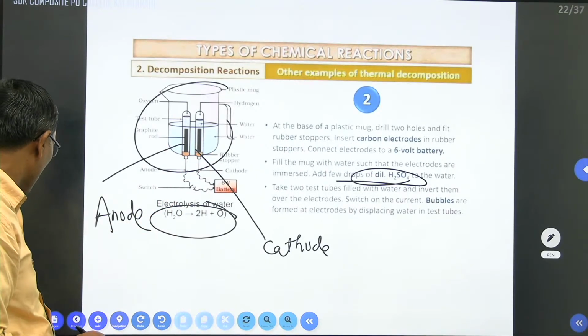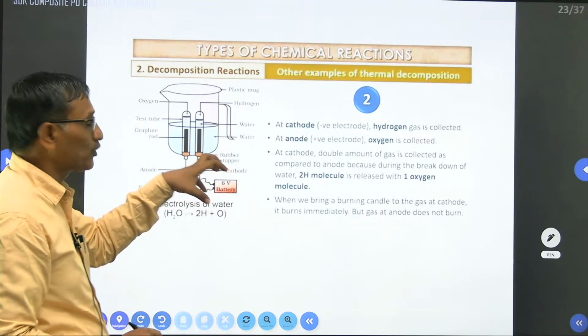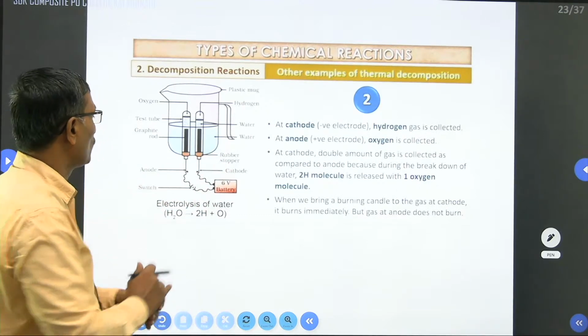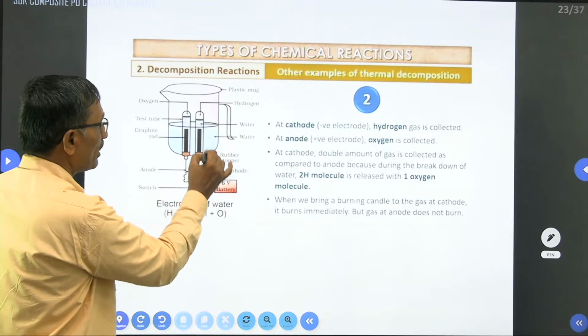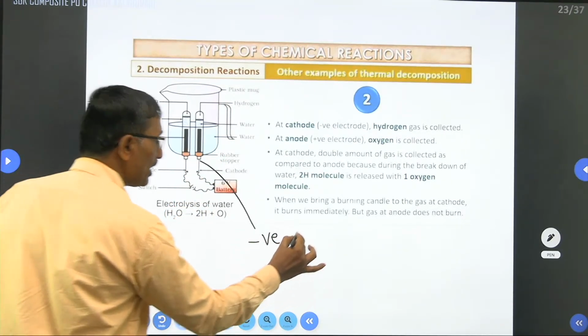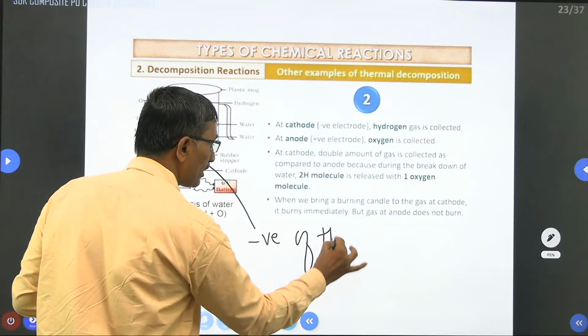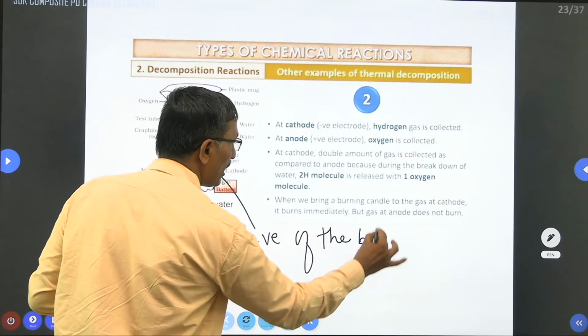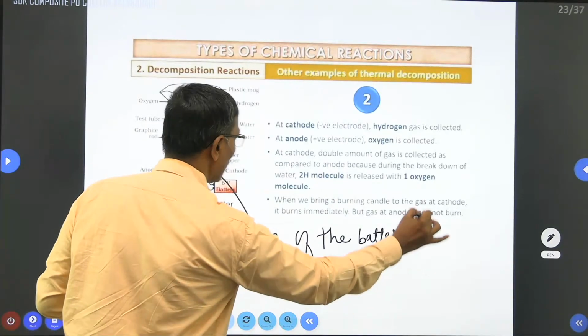At the cathode, what happens? The cathode is connected to the negative terminal of the battery, or source we can say.